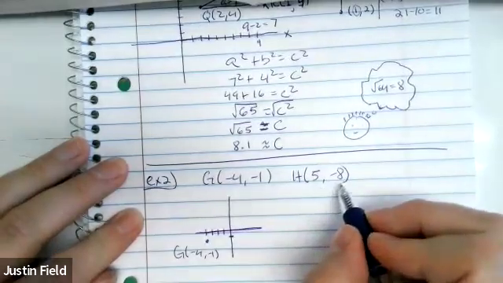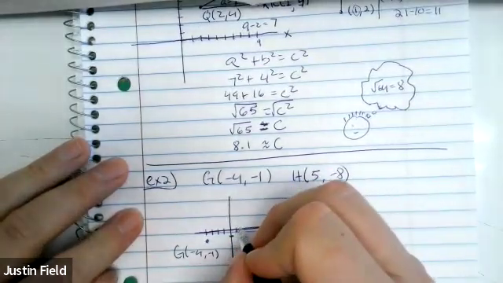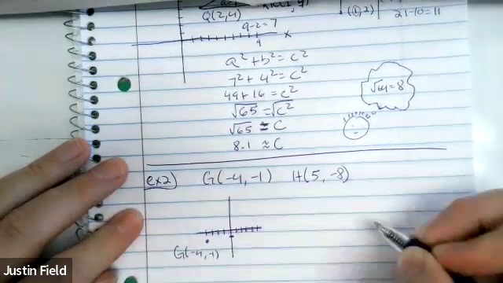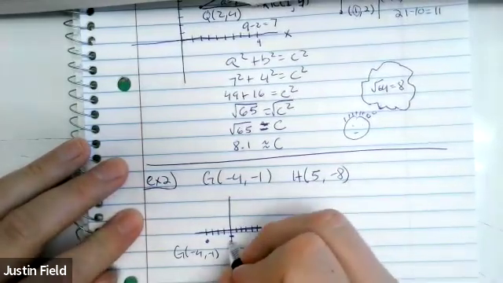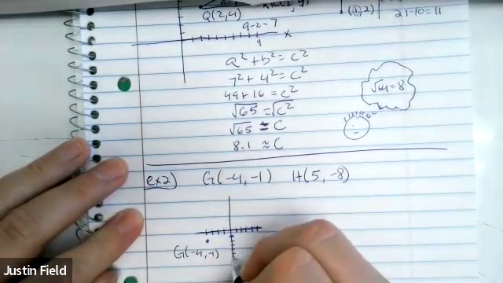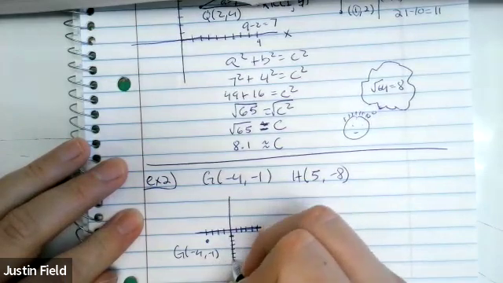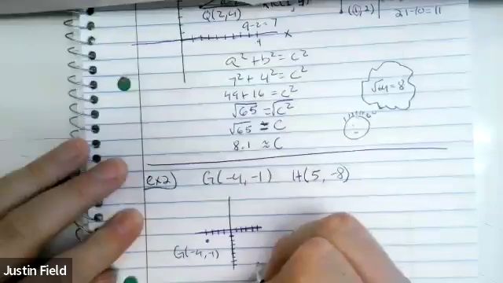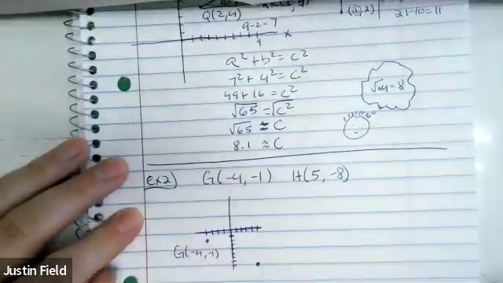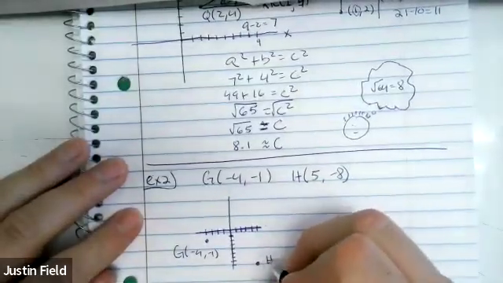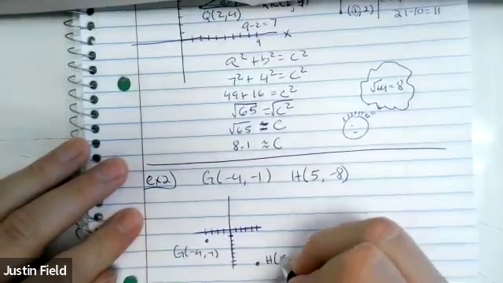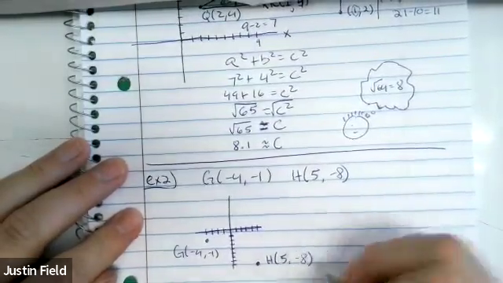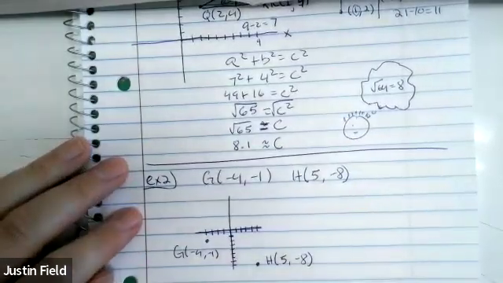And H is at 5, -8. 1, 2, 3, 4, 5, over 5 and down 8. So 2, 3, 4, 5, 6, 7, 8. So over 5, down 8. That makes H way down there. And remember, I always just write the coordinate. Helps me do the math.